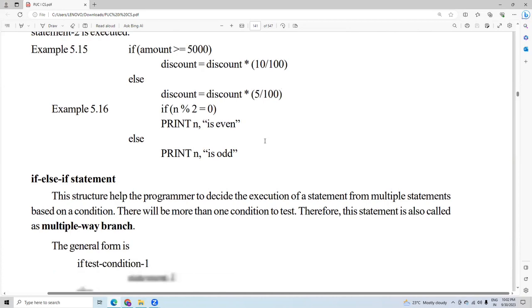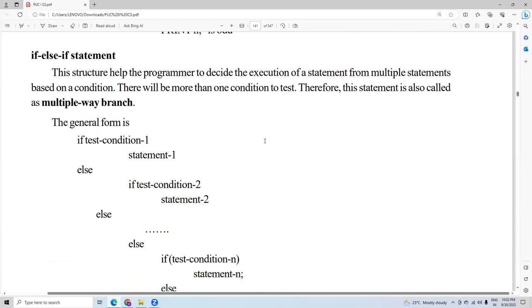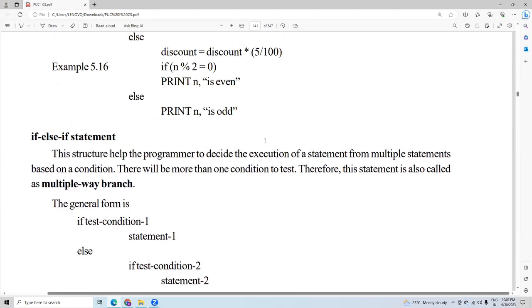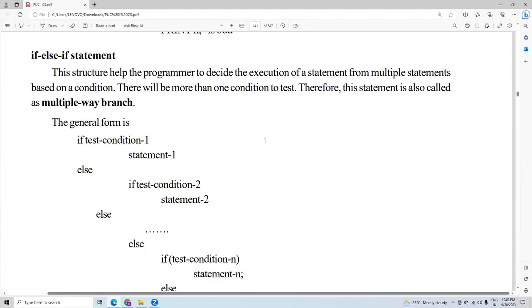So now, next is the if else if statement. It's a chain of multiple conditions.